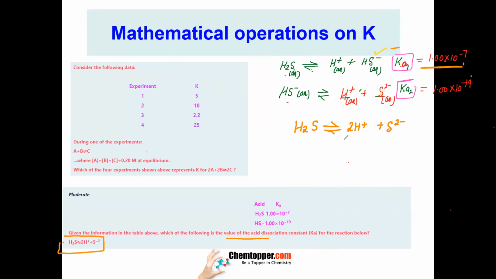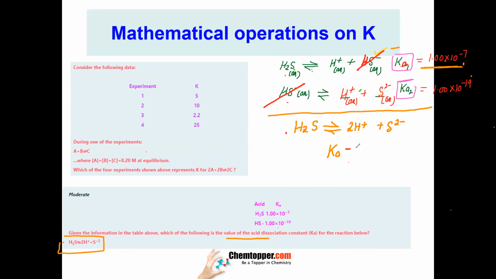How do we get the equilibrium constant, the Ka value, for this reaction? How can I get this reaction, children? By adding these two equations. Add them. See, HS minus cancels, since it is the product here. When I add these two equations, I am getting exactly this equation.